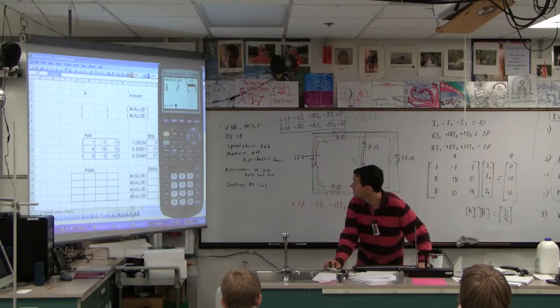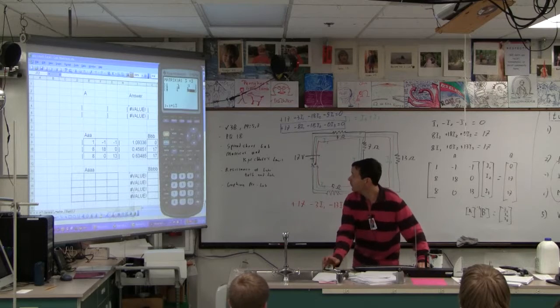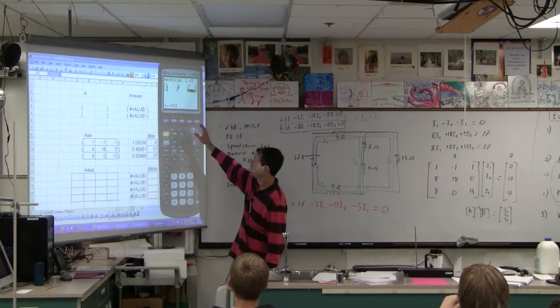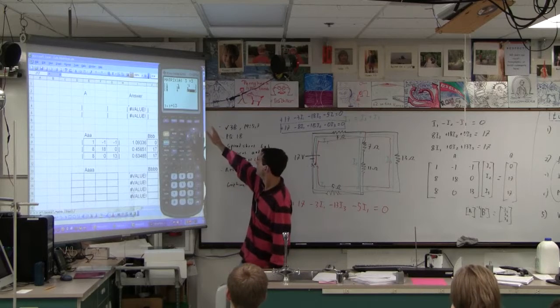And then this guy is a -1. This guy is an 8, which is good. This guy is 18. And that guy's a 0, so this is good. I must have been solving another circuit problem. This guy's 8, 0, and 13. And then before I get out of here, I'm going to double check that that's the same as the matrix that we've got. And that looks good, doesn't it?